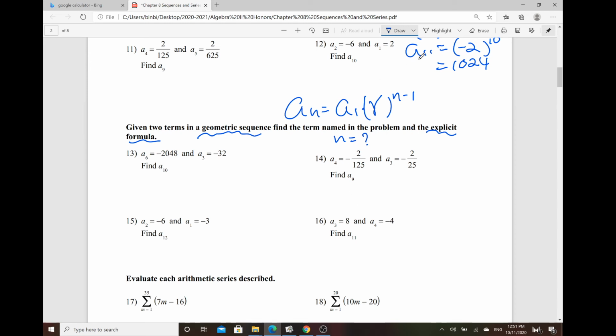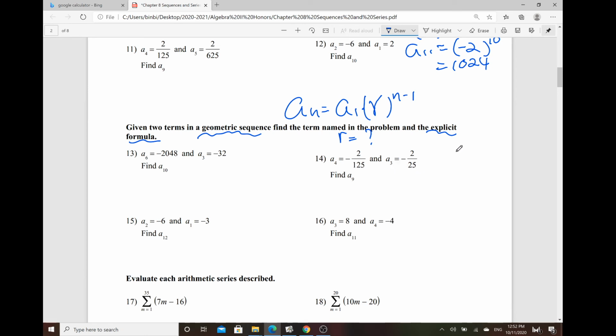Okay, so for the value of n, actually that one, find the term named in the problem. So that means we need to find a sub 9, not the value of n. So find the common ratio. Again, that's missing. So start out with the higher term and then the lower term. This one, instead of using the formula, we can simply divide it.